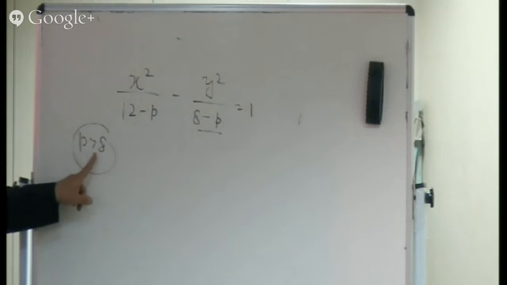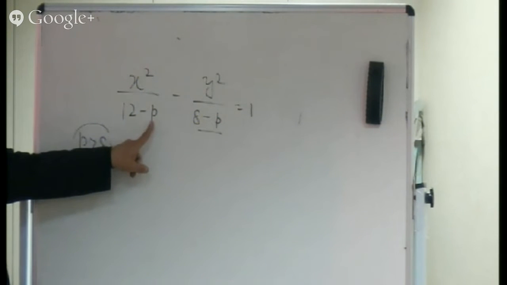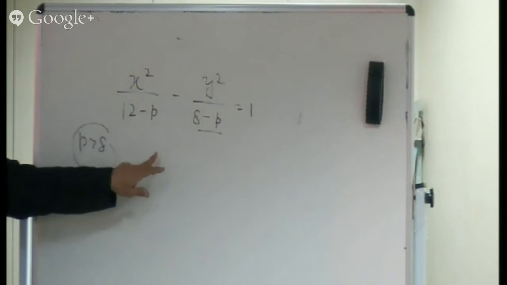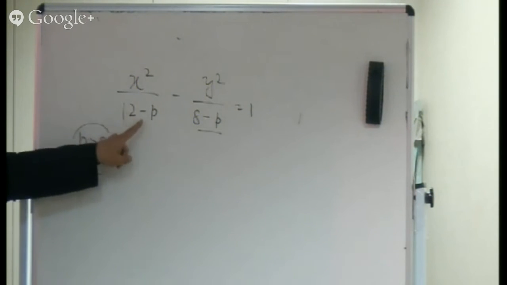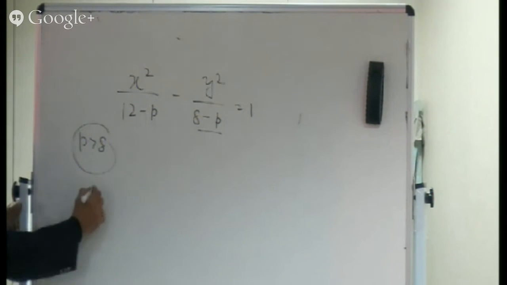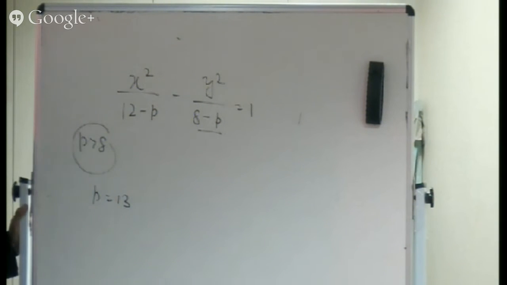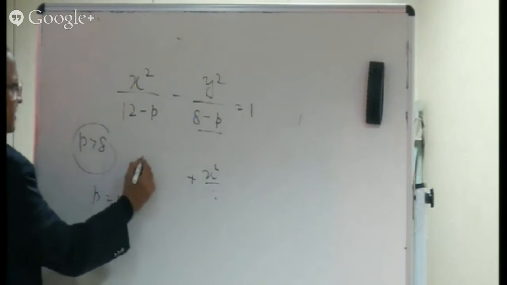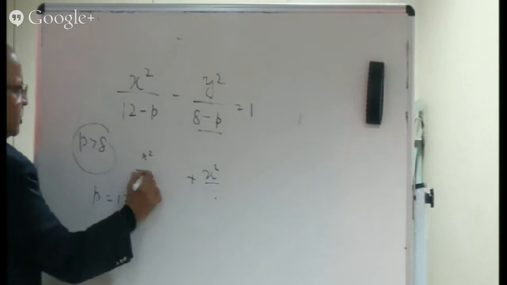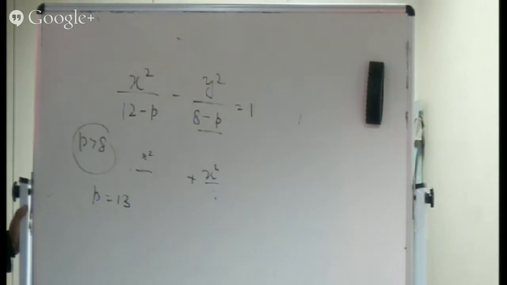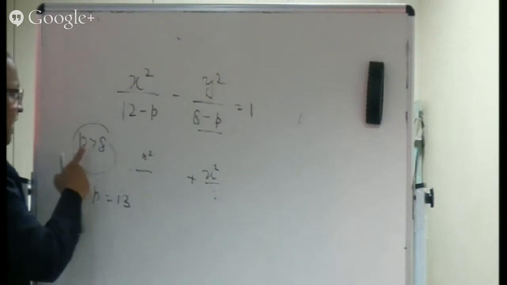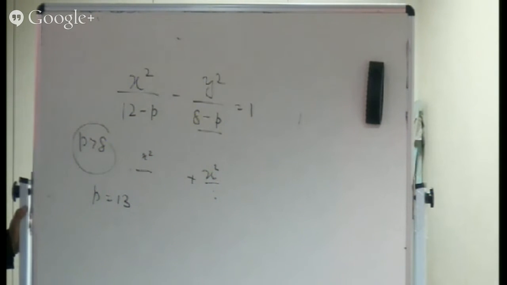And when P is greater than 8, this can be positive, this can be negative. If this is positive, suppose P is as big as 13, then this sign becomes positive and this sign negative. So it gives you a conjugate hyperbola. But if you take something lying between 8 and 12, what happens?